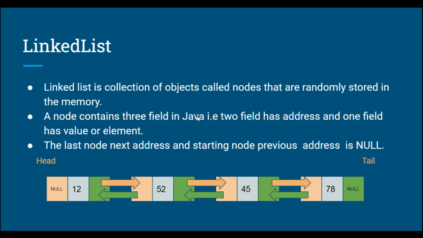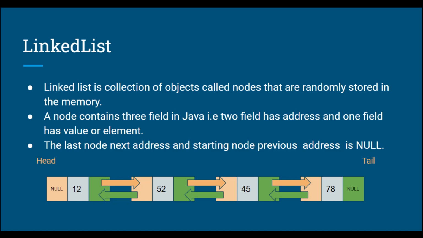In Java, the doubly linked list is used, and in other languages, a singly linked list or doubly linked list is used. But in Java, we have to use a doubly linked list, and it will store the addresses of the previous node and the next node, and one field stores the element value. That is called the element or value.